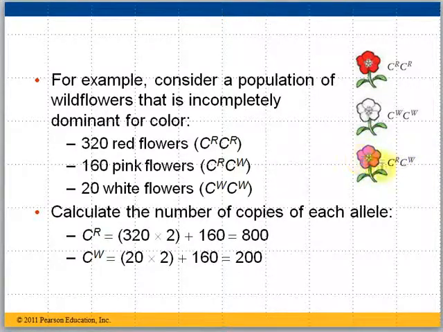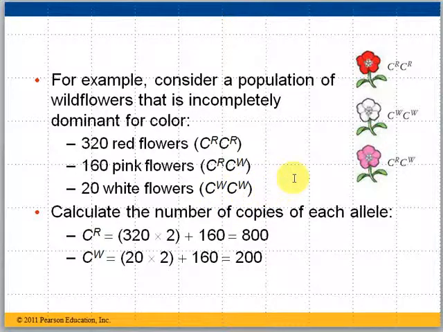Let's say we count all of the flowers in a particular population, and we find that there are 320 red flowers, 160 pink flowers, and 20 white flowers. So 320 flowers are homozygous dominant, 160 pink flowers are heterozygous, and 20 white flowers are homozygous recessive.